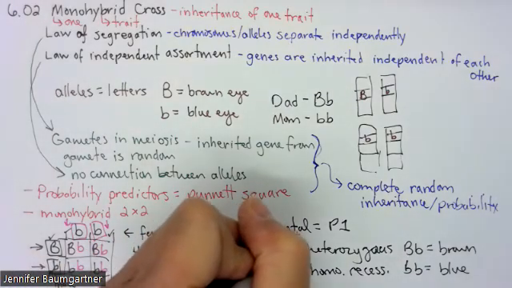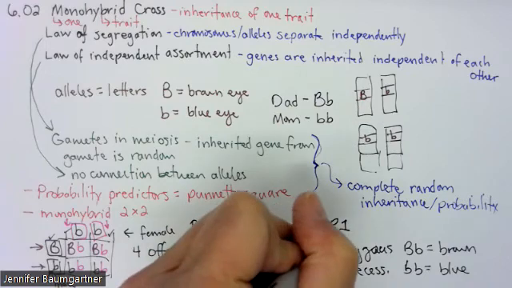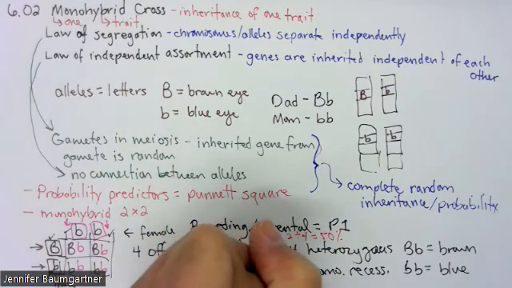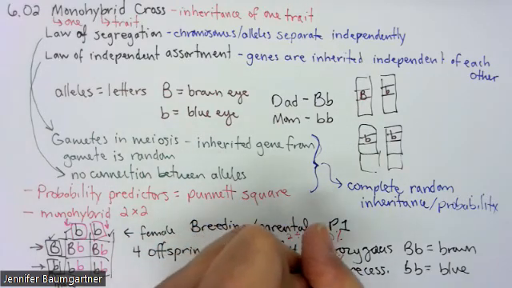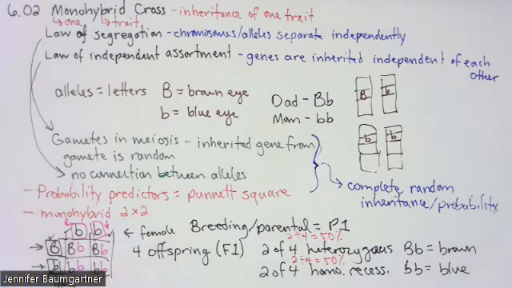So 2 divided by 4 is 50%. So if you cross a heterozygous brown-eyed father with a homozygous recessive blue-eyed mother, you would expect half of their kids to have brown eyes and half of their kids to be blue eyes.